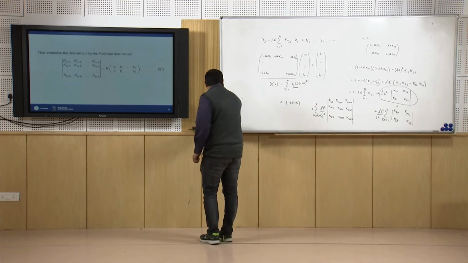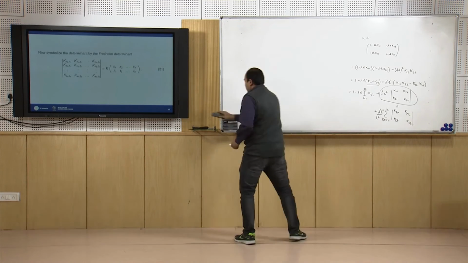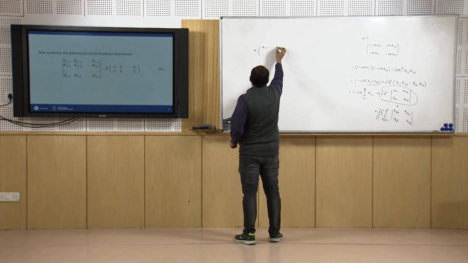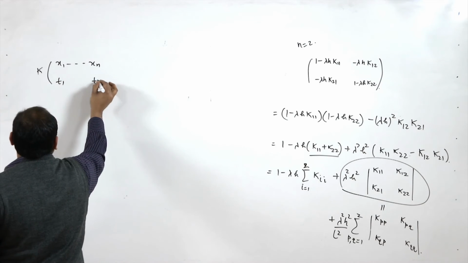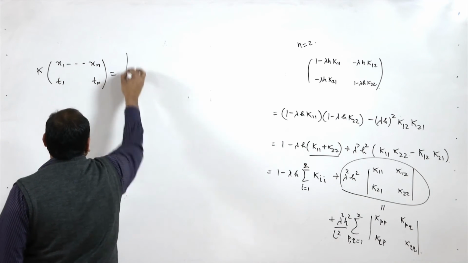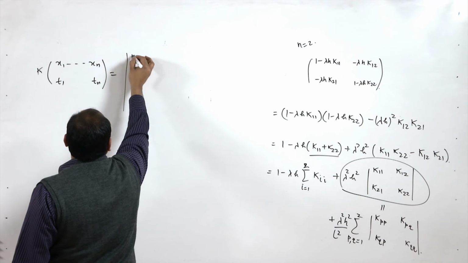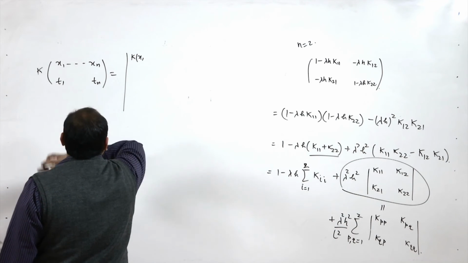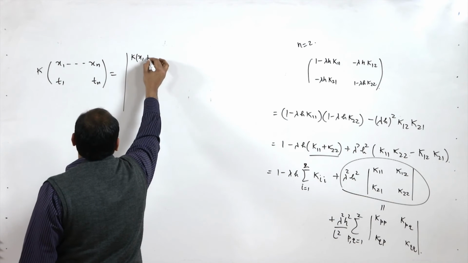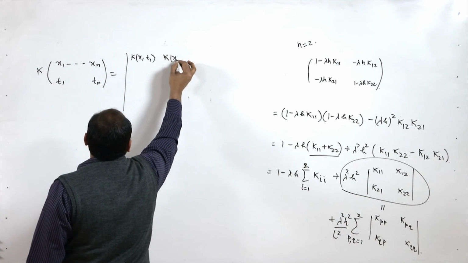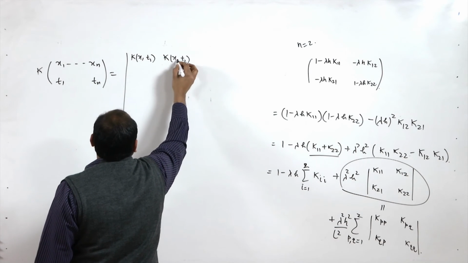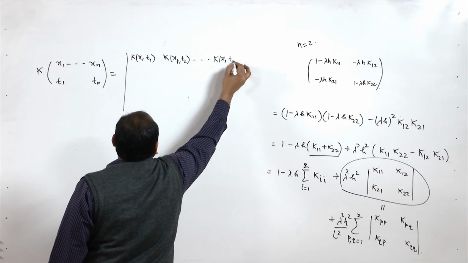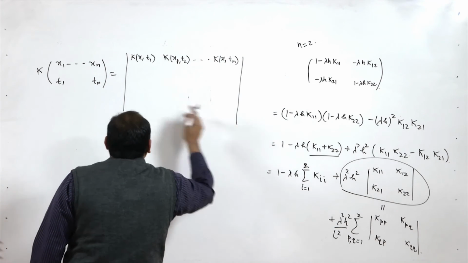So we write this notation K with x1 to xn and t1 to tn, and we denote it as a determinant. Take x1 and vary t1 to tn: K(x1,t1), K(x1,t2), and so on, K(x1,tn).